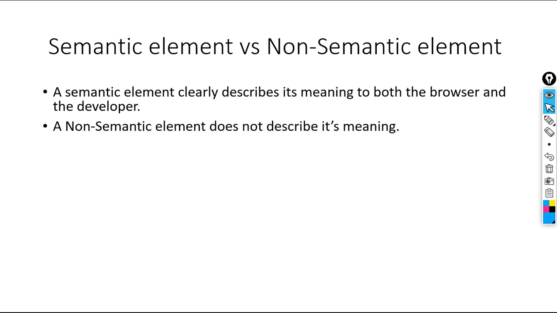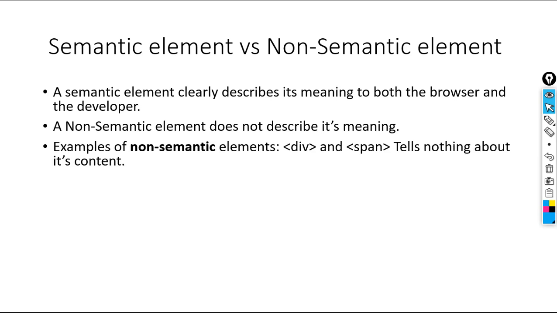Now, non-semantic element does not describe its meaning. Means simply we can say that semantic element gives some meaning to both browser and developer, but non-semantic element does not give any meaning to browser as well as developer.